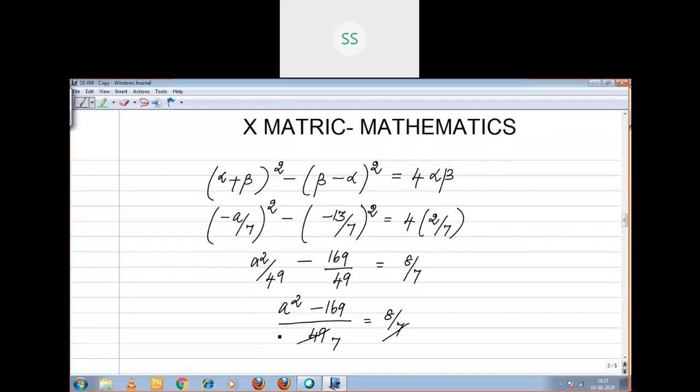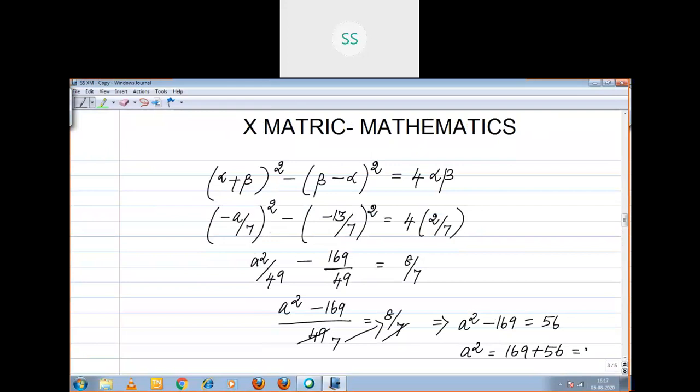Now a square minus 169 equal to, you cross multiply, 56. A square equal to 169 plus 56. When you shift 169 to the opposite side, it will give you plus.